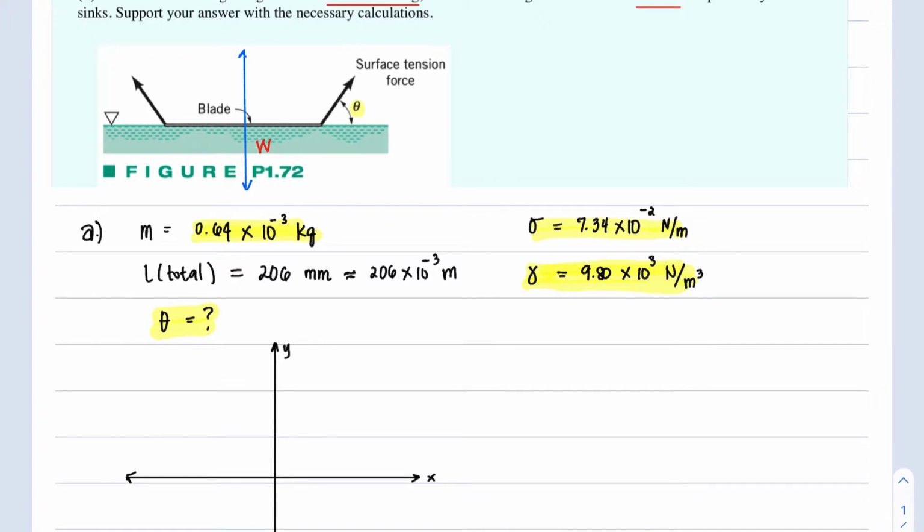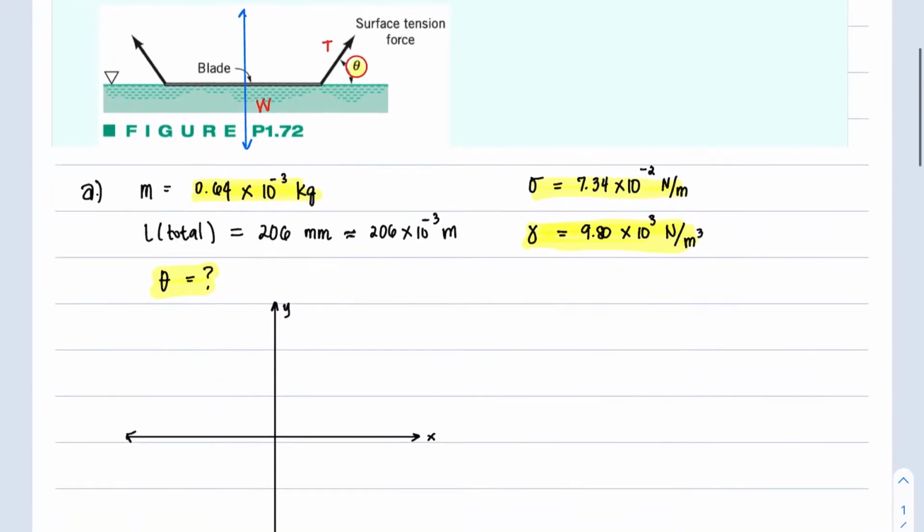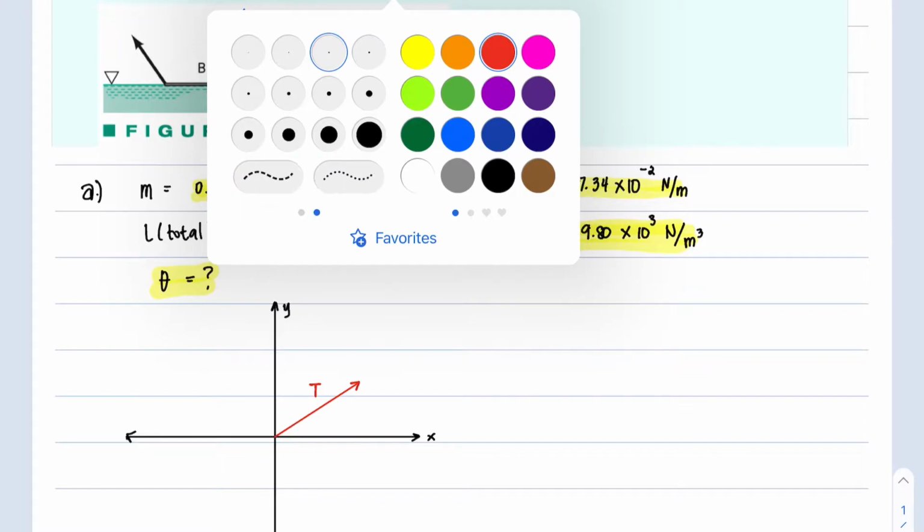And then another thing, what's keeping it suspended or at rest or in equilibrium on the water surface is the surface tension force. That surface tension force, let's denote it with T, is acting on the blade at some angle theta. So that tells you that there is a component for the tension force. So I'm just going to re-illustrate that here. This is my surface tension force, which is the force due to the surface tension of the water that is trying to suspend it or to make it float over the water surface.